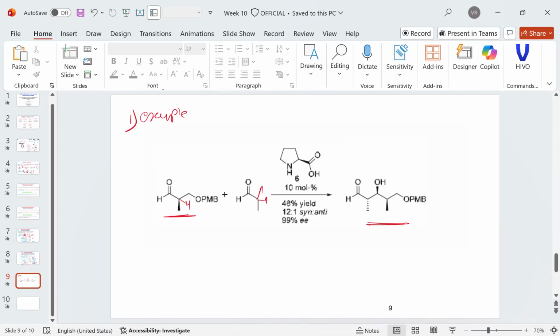When it reacted with this acid, what happened? It initially formed the imine intermediate. So this imine intermediate, ketone plus amine, forms the imine, right?